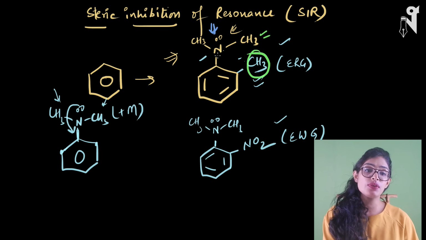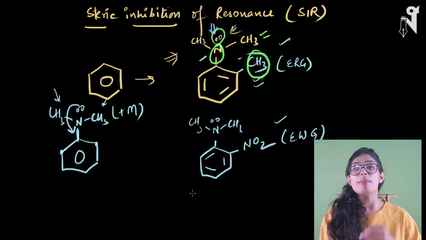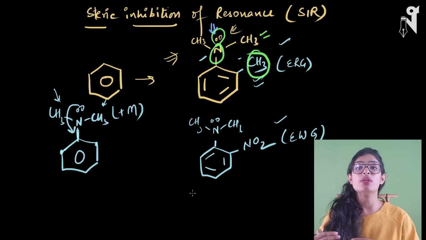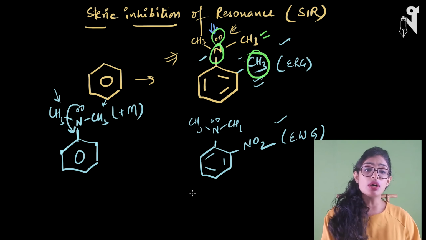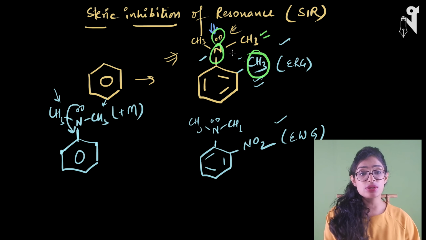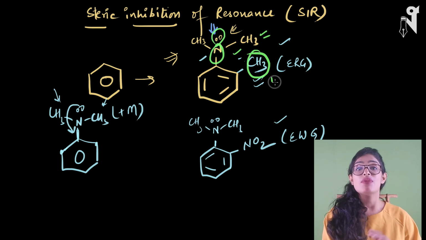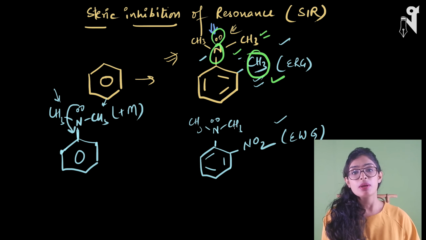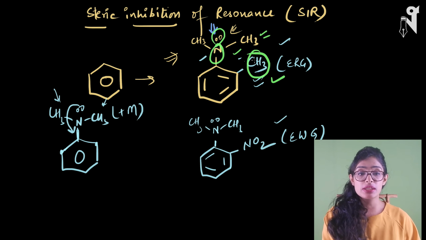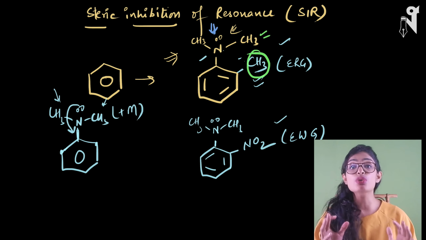For resonance we require our lone pair to be in the parallel p orbital, so that it can share its electrons to the neighboring carbon, and those electrons can move around the whole benzene chain. That means this N(CH3)2 and this CH3 would be in the same plane. But if both groups are in the same plane, there is going to be a huge repulsion.